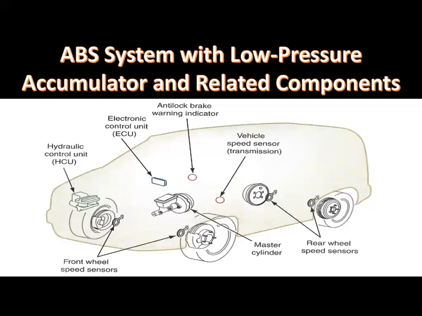If wheel lockup is still imminent, the control module energizes the dump valve that allows some brake fluid out of the wheel cylinder or caliper back into the low pressure accumulator. The control module pulses the dump valve on and off very quickly to apply maximum braking force without allowing a wheel lockup.